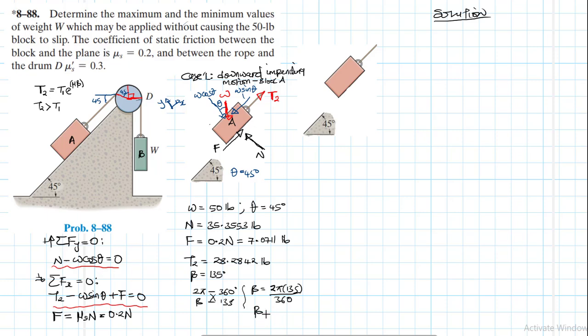Therefore, our beta is going to be equal to 3/4 of pi, which is 0.75 pi, like so.